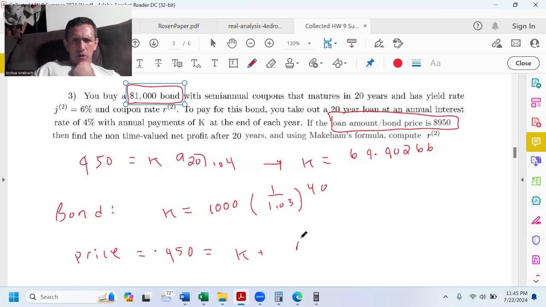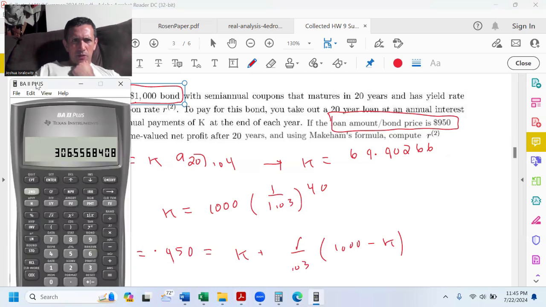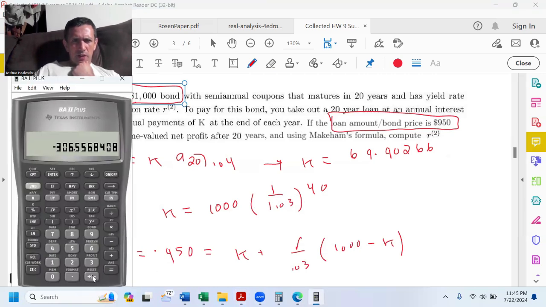So it's K plus R over J. Again, 3%, 1,000 minus K. So take this 950 minus this times 0.03 divided by 1,000 minus K. A nice reasonable interest rate.